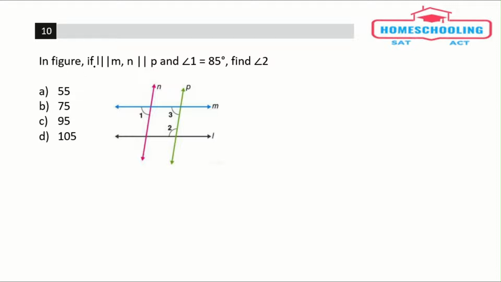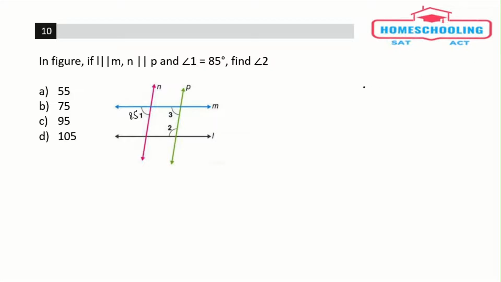In the figure, L is parallel to M, N is parallel to P. Sorry, these two lines are parallel to each other, and these two lines are parallel to each other. As we know, angle 1 is 85, so this one is 85.